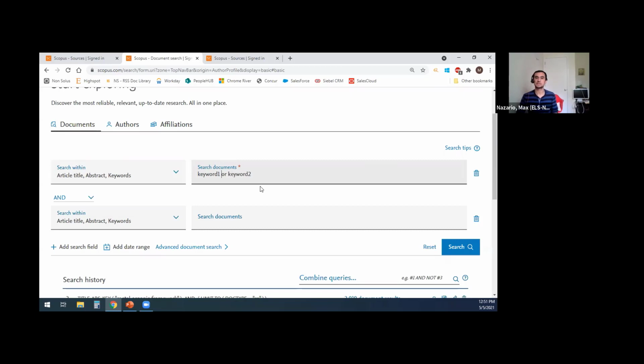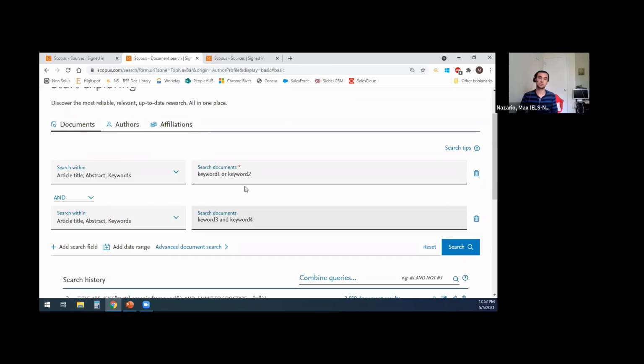It's essentially telling Scopus here, I want to search for either one of these keywords, and I want to search for 3. So this would give you the example that you mentioned in the chat.